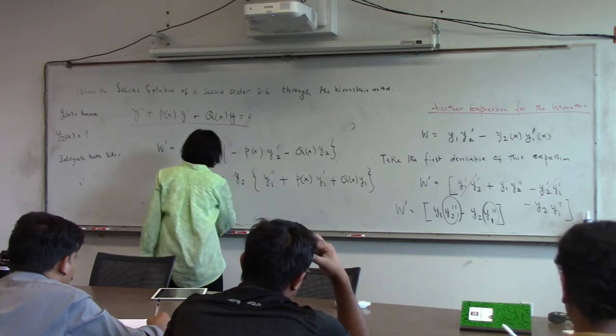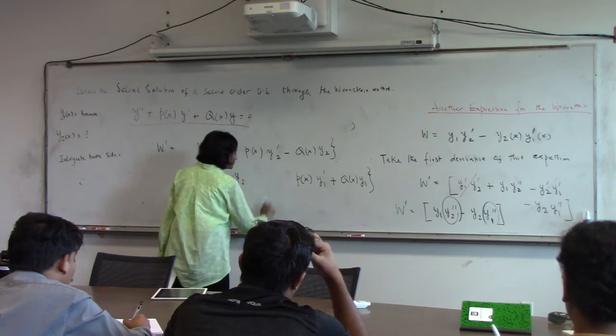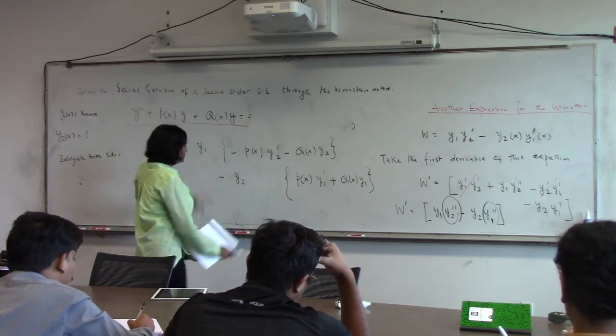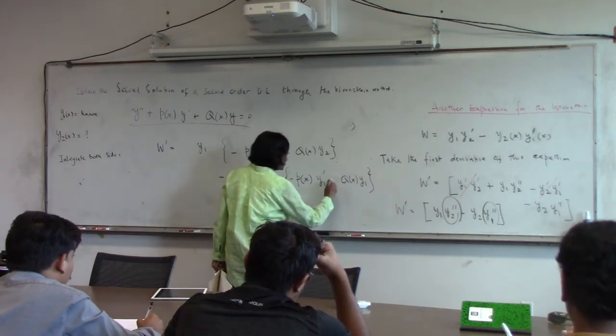Similarly, I have to write here y2 times y1 double prime, substituting for y1, that is minus p(x) y1 prime minus q(x) y1.